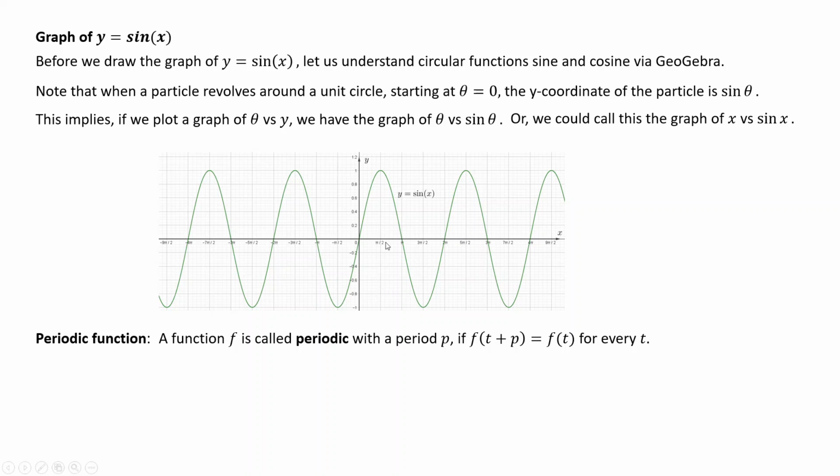And it's not just that. I could have picked sine of 0. Make t to be 0 and p to be 2 pi, then sine of 0 plus 2 pi is sine of 2 pi, and sine of 2 pi is also 0, just as sine of 0 is 0.